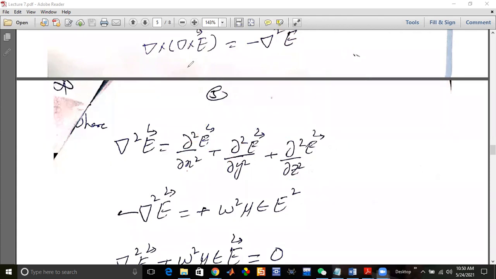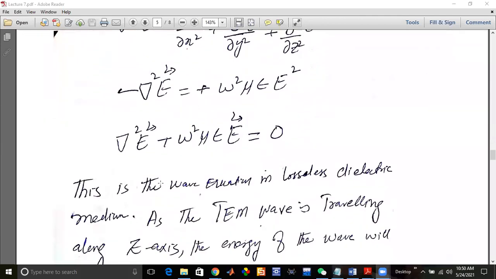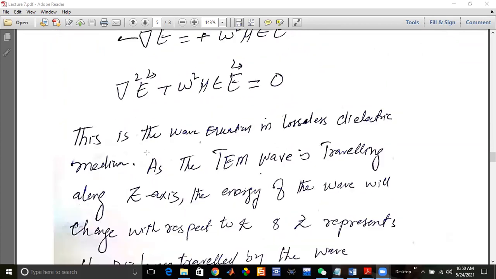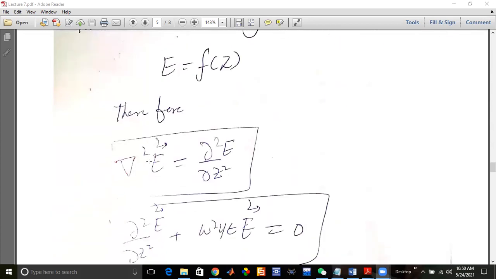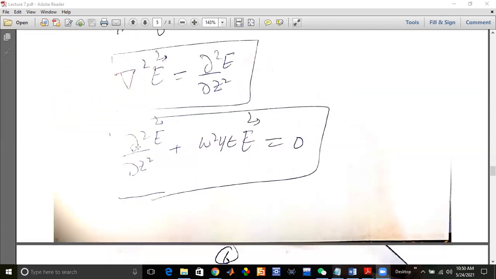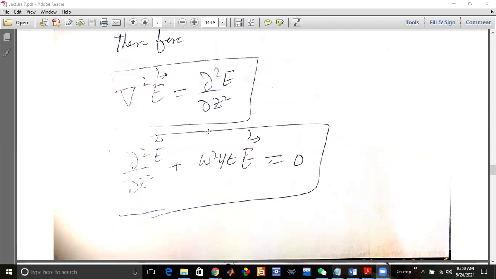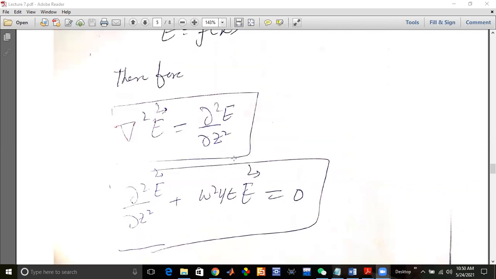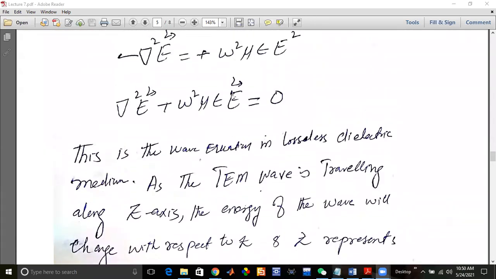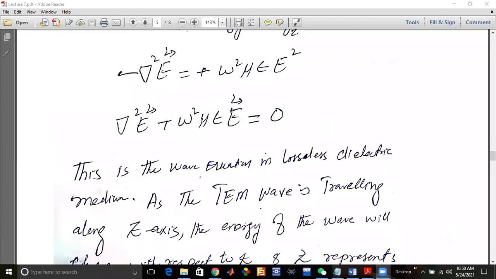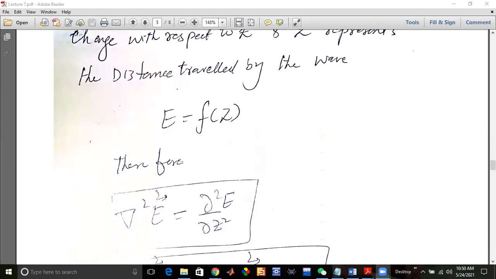If we replace the wave equation here, we can replace this quantity by partial square E by partial z square plus omega square mu epsilon E. You know this is the same value, omega square mu epsilon E, and we replace just this quantity by what?